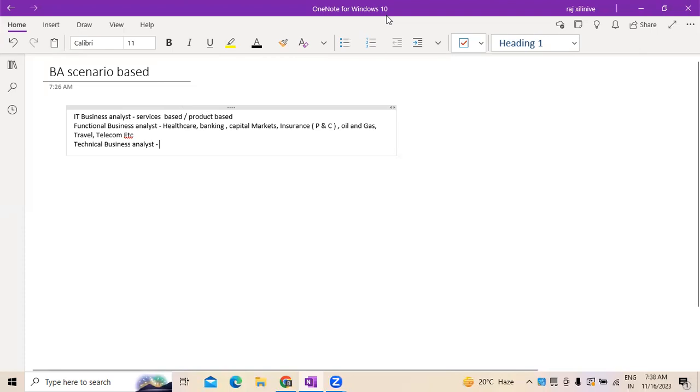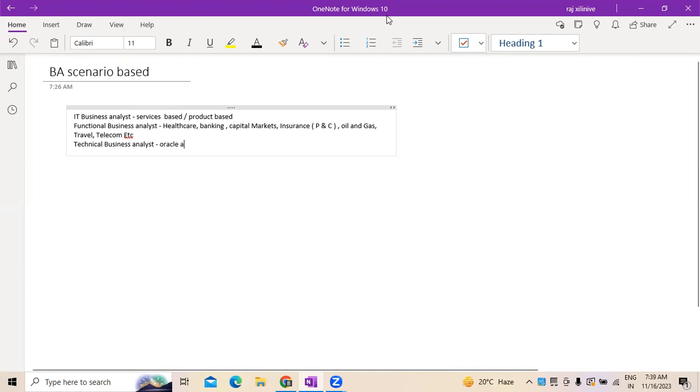So nowadays, you can see some profiles as business systems analyst. It means a person should have knowledge over business. At the same time, a person should have knowledge over systems also. That's all. So different roles anyway. So technical business analyst. Technical business analyst means a person who has knowledge from the technical point of view. For example, Oracle applications, right?